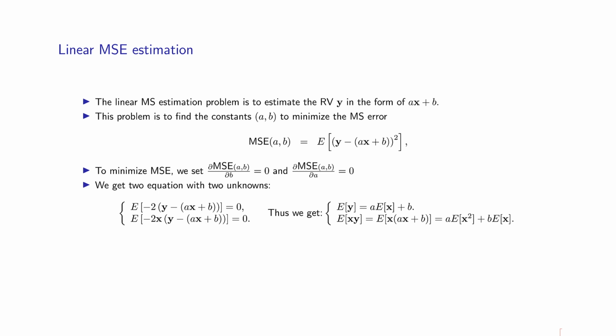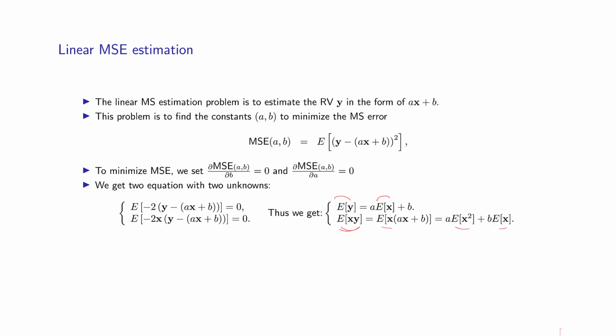If you have some information about the joint distribution, we could calculate the mean of y, the mean of x, and the cross correlation between x and y, and then this is equal to the power of x and the mean of x.